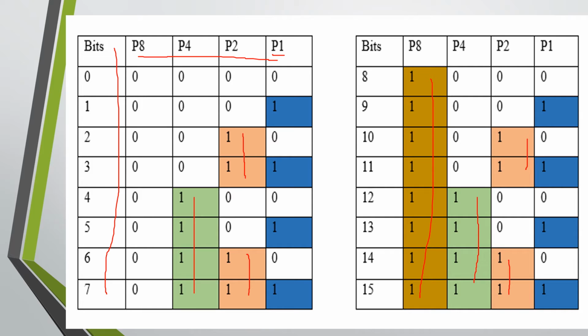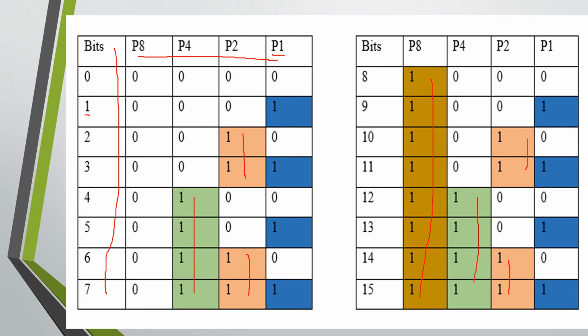This will be calculated as follows: bit 1 is represented as 0, 0, 0, 1, so it is used for P1. The second bit is represented as 0, 0, 1, 0, so this bit is used to find the value of P2.